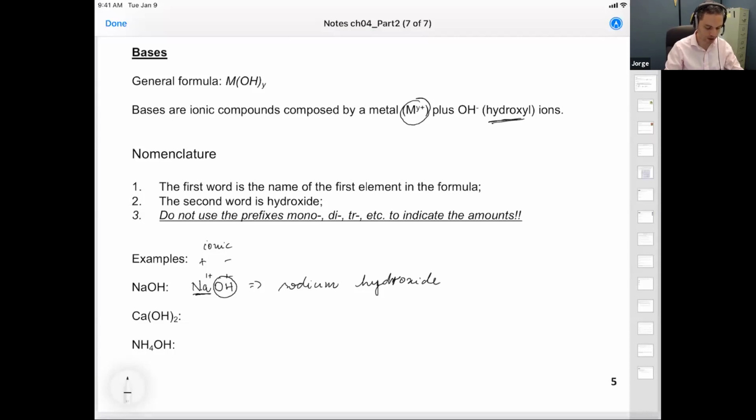Therefore, the name for NaOH is sodium hydroxide. Attention here, because there is a space between sodium and hydroxide.